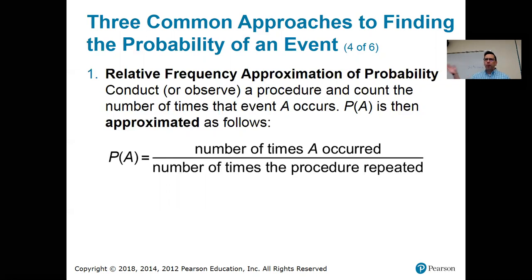Did you have 3 boys? And I actually counted those up. If I used that approach to find the probability of having 3 girls, you would just count how many of the families in your survey had 3 girls, divided by how many families you asked. That's called the relative frequency approximation.